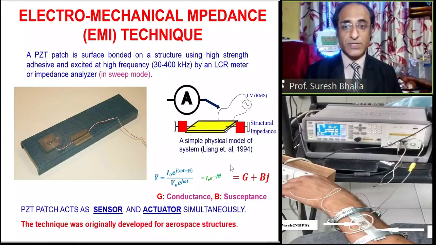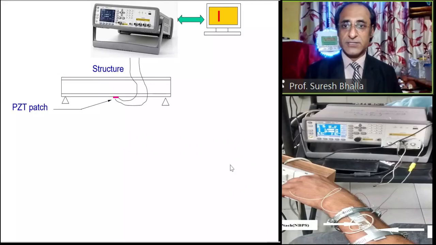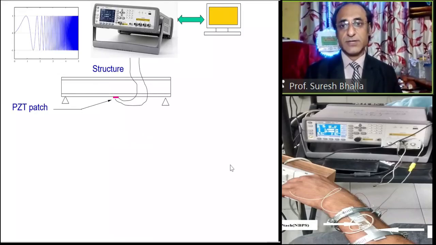Here the piezo patch is acting both as sensor and actuator. This technique originated from the aerospace industry and has come down to many disciplines, including biomechanics and various engineering domains. Here we show in pictorial form how the setup looks.